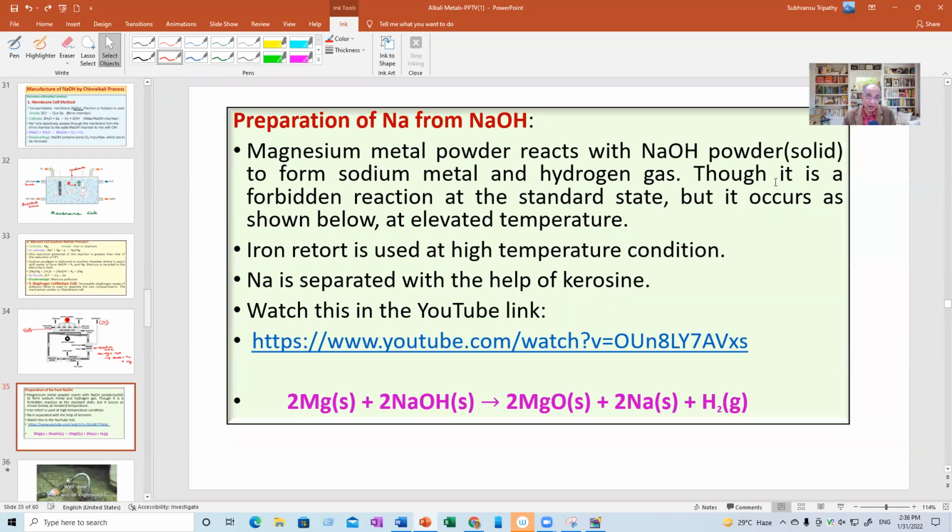If at standard temperature delta G is positive, then at some other temperature delta G might be negative. So to recover sodium, it is immediately mixed with kerosene. The kerosene will dissolve this, but not that, and hydrogen will go away and it will make an explosion.